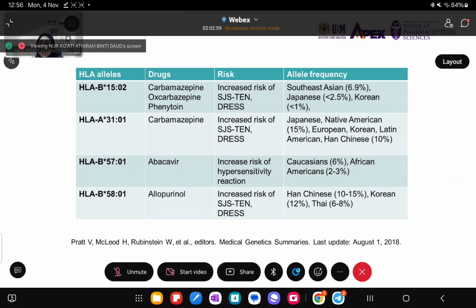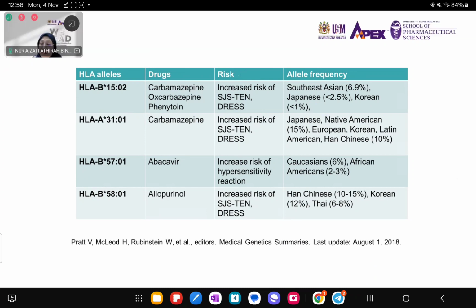It's also related to the skin reaction, but additional to that, it is a syndrome. It has a combination of, for example, low platelets and also low lymphocytes. So it causes a syndrome, including the other clinical parameters as well. Allele frequency is high in, of course, Southeast Asian, Japanese, Korean.